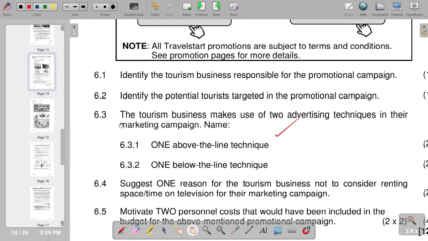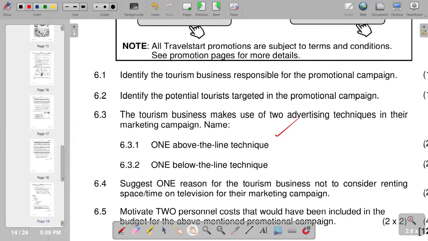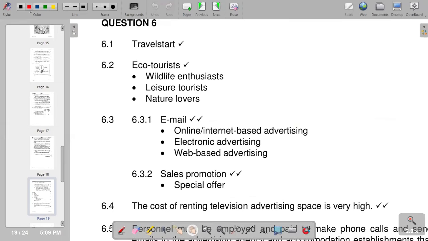We can include internet-based advertising, and web-based advertising can also be part of that. So we have email, internet-based advertising or online advertising, electronic advertising, web-based advertising. These are the examples that we have.